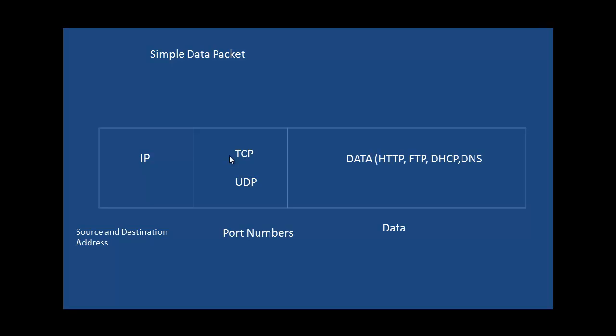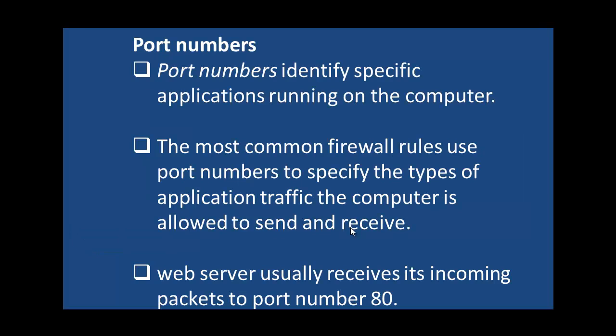So when a message is sent across the network, the message is in the form of a data packet. And then the firewall rule, when it is set now, can use any of these to allow or block or filter data as it leaves or comes into your network. Again, the port numbers in the TCP section specify the application running on the computer.